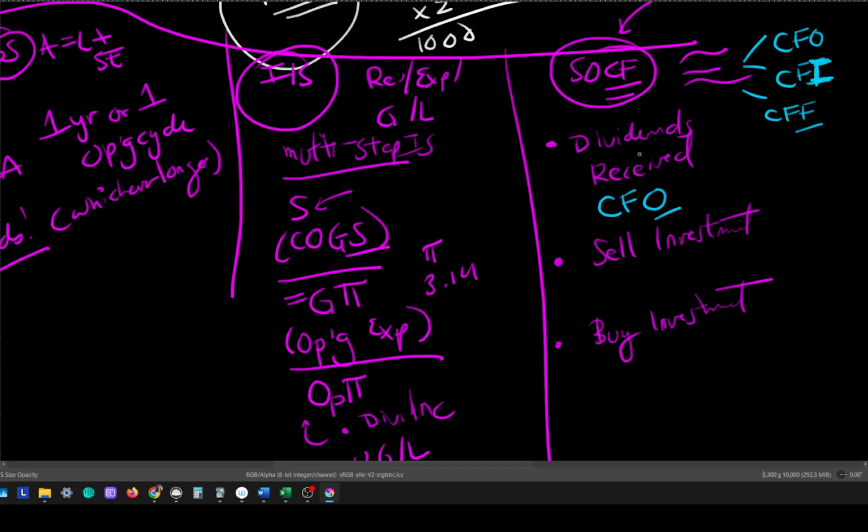As opposed to if you were to pay dividends. Suppose you have your own stock and you put it on a public stock market for sale, like the New York Stock Exchange. Dividends paid would be a financing activity. But here, dividends received are part of cash flows from operations. It might actually help to think of this like also if you have a bank account and you get interest income.